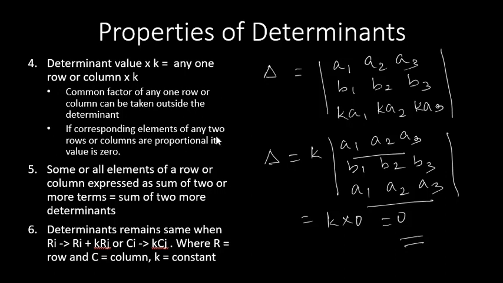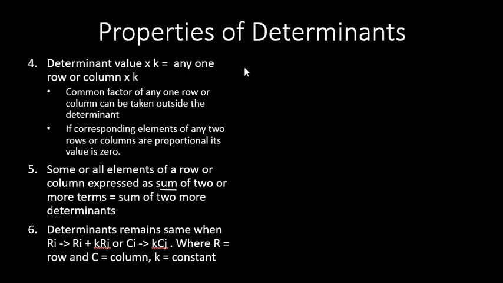Now the fifth property. If some or all elements of a row or column are expressed as a sum of two or more terms, the determinant is equal to the sum of two or more determinants. Let me explain.